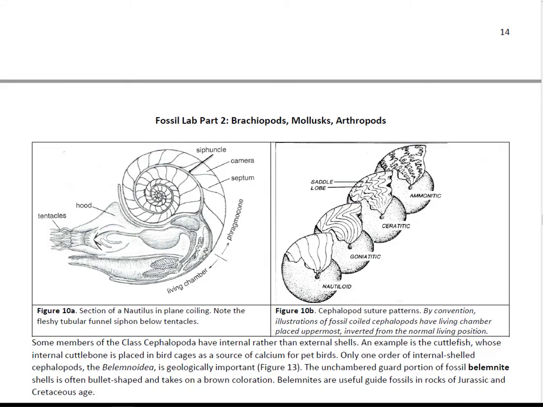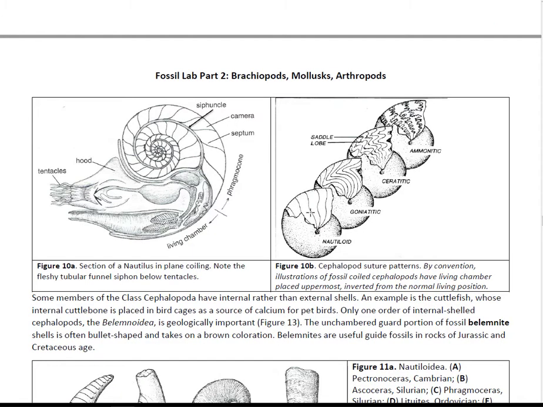You can see in the nautiloids, which date back to the Cambrian, the sutures are not very complex, but as we go into the Devonian, we see a little bit more complex sutures, and then really the ammonoids start making complex suture patterns. And you can see that these are going to be more in the late Paleozoic to Cretaceous or Mesozoic time over here, these more complex suture patterns.